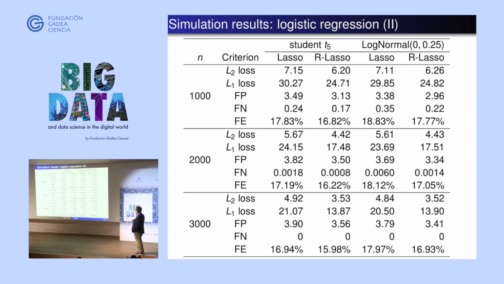You always have that, but it's not really increasing that much. You can see that they are roughly stabilized around 4, and the out-of-sample prediction error rate is about 17%, and so on. So that's the logistic regression.